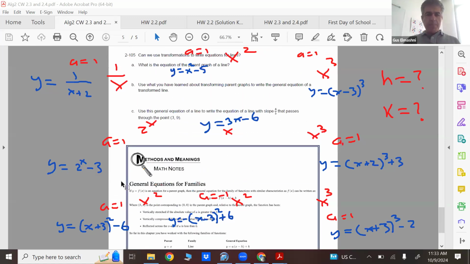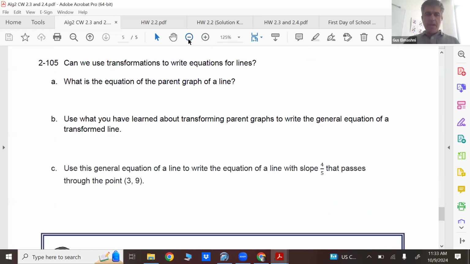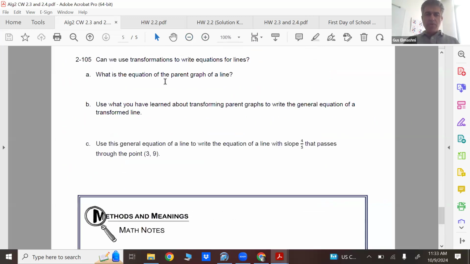And just to wrap things up, we're still going to revisit this on Friday. Can we use transformation equations for lines? Yes, you can. What is the equation of the parent graph of a line? Well, y equals x. Duh. What have you learned about transforming parent graphs? Write a general equation for a transformed line.